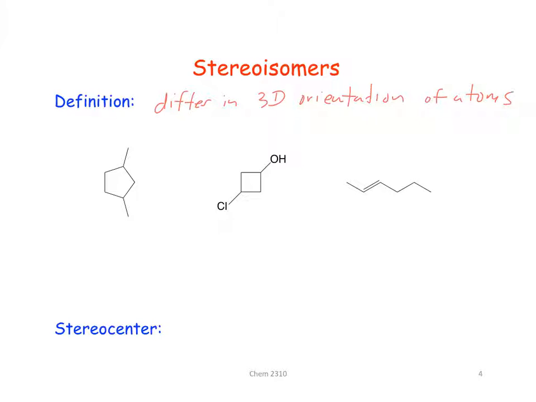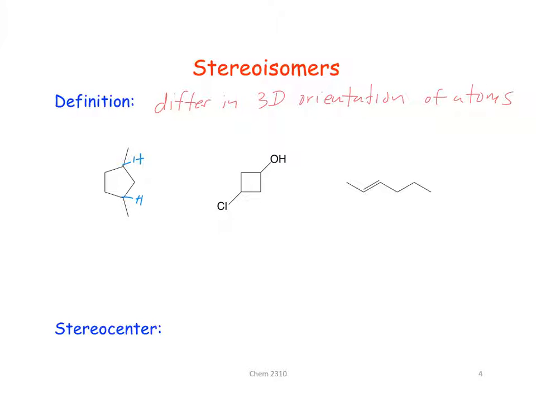All right, so let's look at some examples here. If we have this 1,3-dimethylcyclopentane, we know that because these two positions are tetrahedral, there's going to be an H on each of those as well.